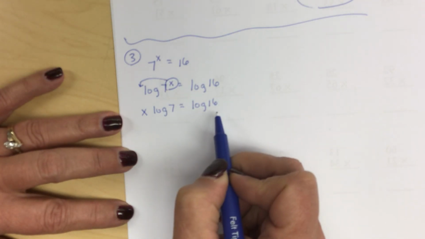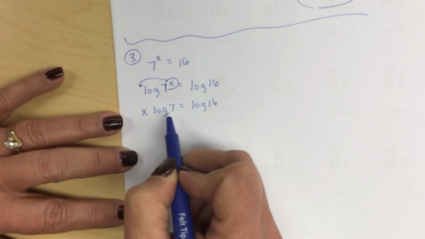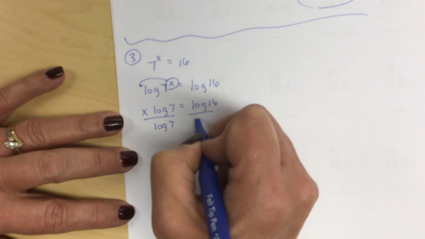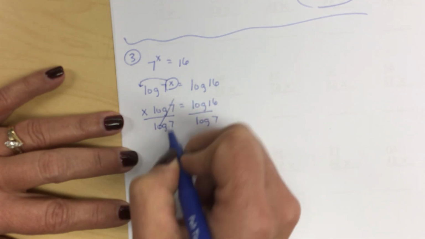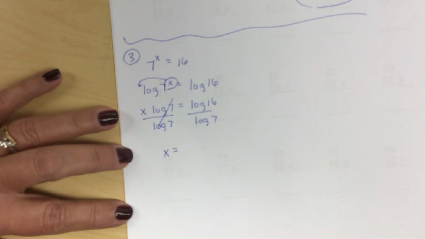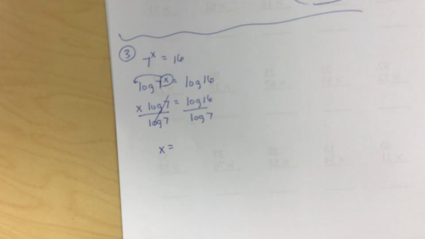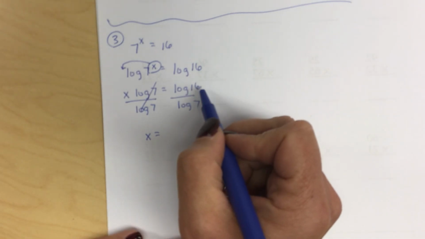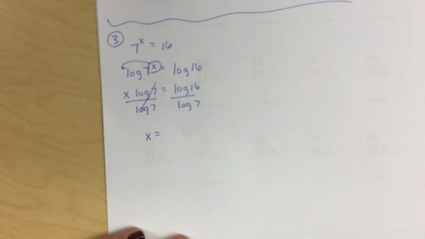Now, log of 16 is just a decimal. Log of 7 is just a decimal. So we can divide by the log of 7. Then you take your calculator and type in log of 16 divided by log 7. Make sure that when you do that, you either hit equals after log of 16 or you put a parentheses after that.